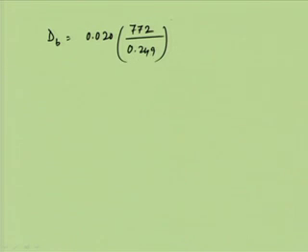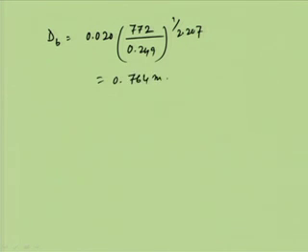Then we get dB is equal to 0.020 (772 by 0.249) to the power 1 by 2.207, and this gives me 0.764 meter.